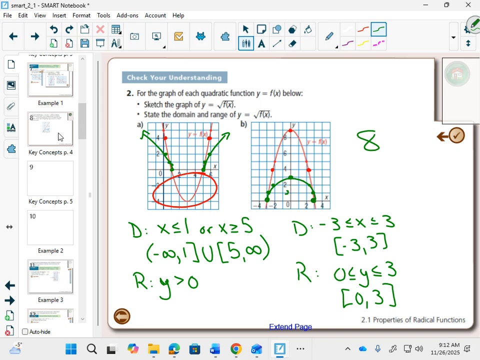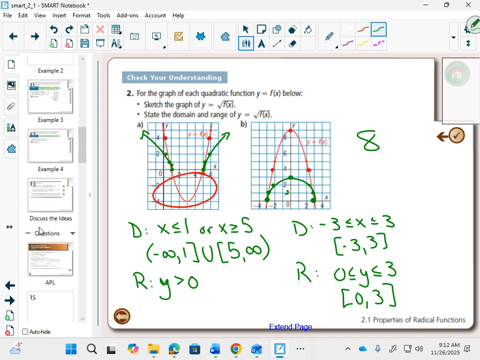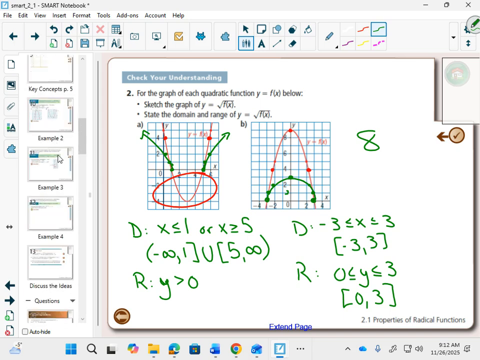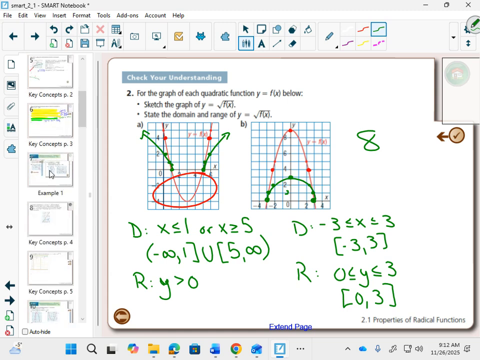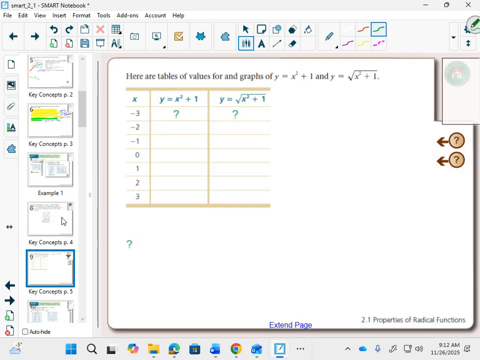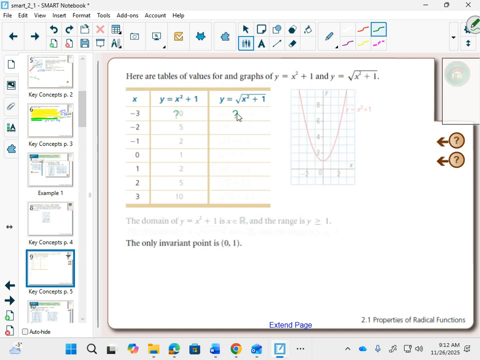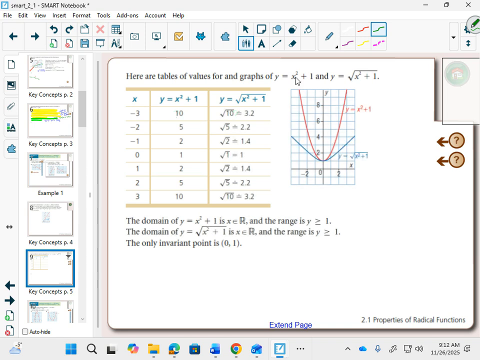Here, I'll see if I can find that one. Yeah, here it is. So if you started with x squared plus 1, the only place where it's 0 is 1.